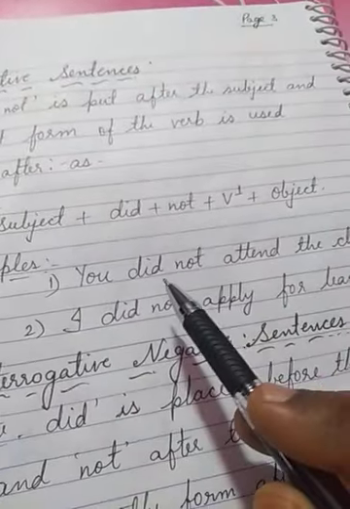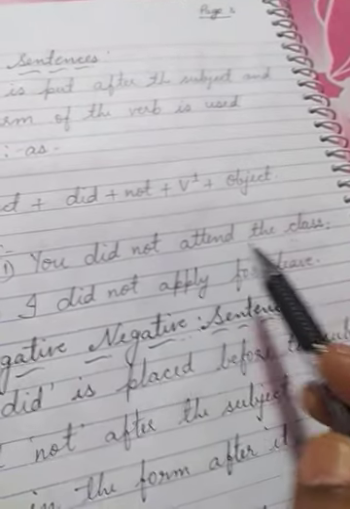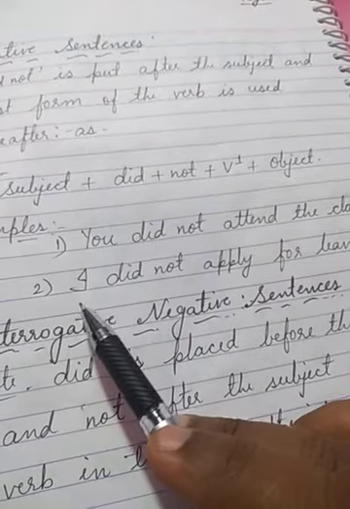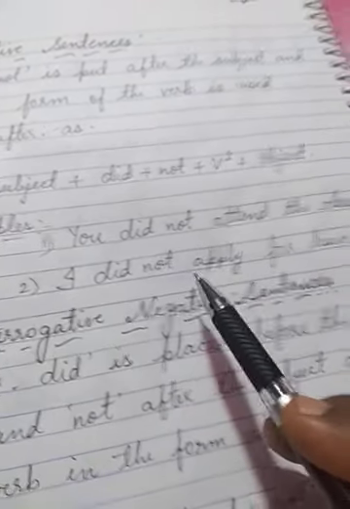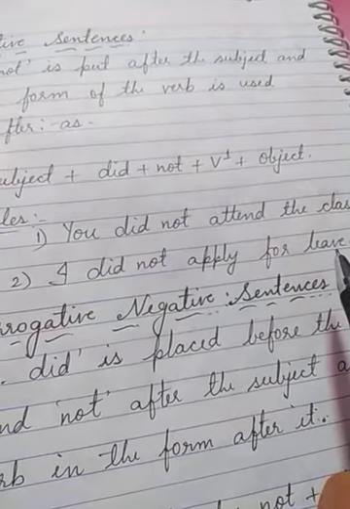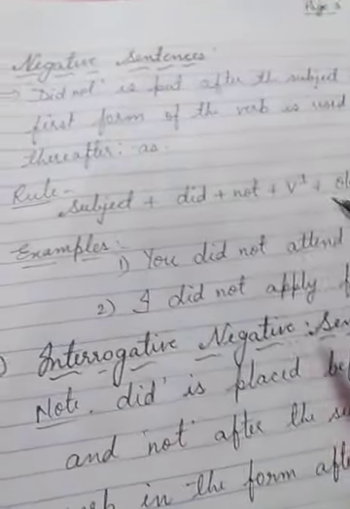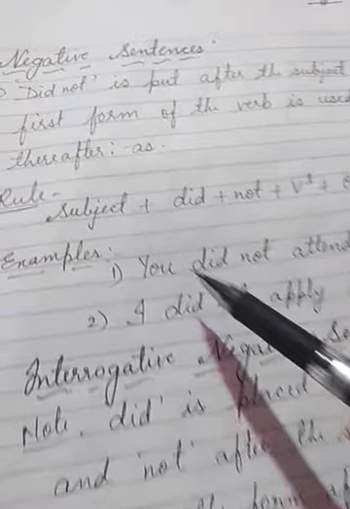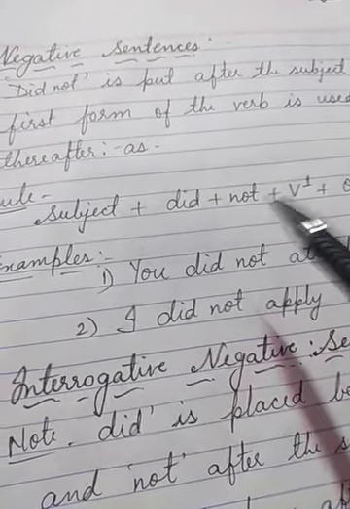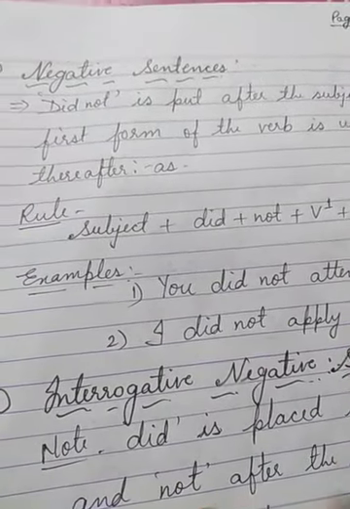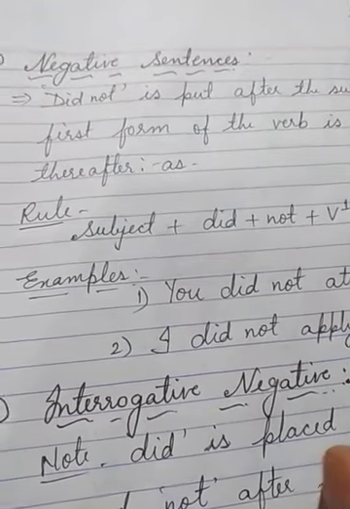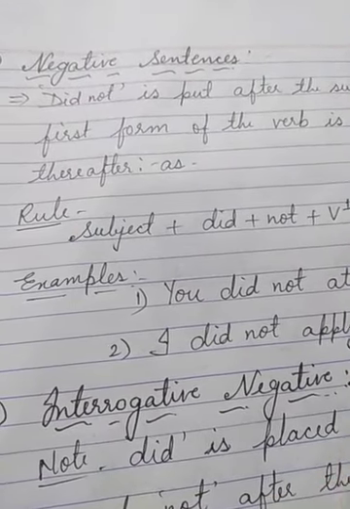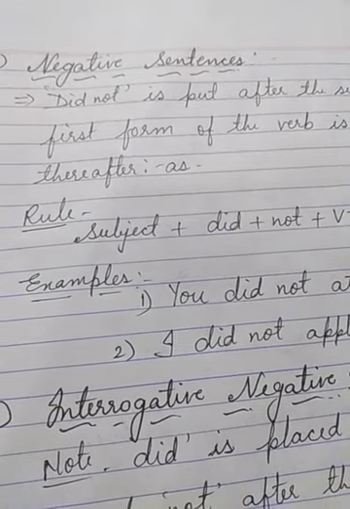For example, you did not attend the class. Second, I did not apply for leave. These are examples of negative sentences. So if you want to change any simple past tense sentence into negative form, write did and then not. We write not after the helping verb.